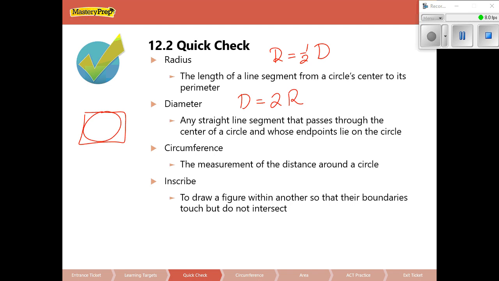Because for it to intersect, it means it has to cut it. So here, they do touch, but they don't actually cross. They don't go outside of each other. And they'll do that for finding, say, the circumference of a circle if it's inscribed in a rectangle. That means the dimensions are going to be contained within that one there.